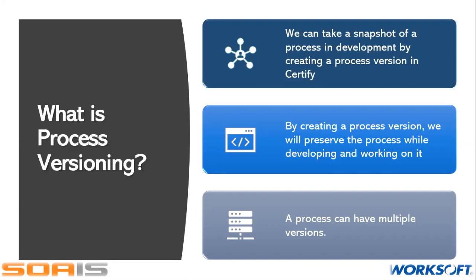After that, we modified something on that process, and now on that modification we need another modification. So we can create another version of the process and preserve that version also. So this is a process version.